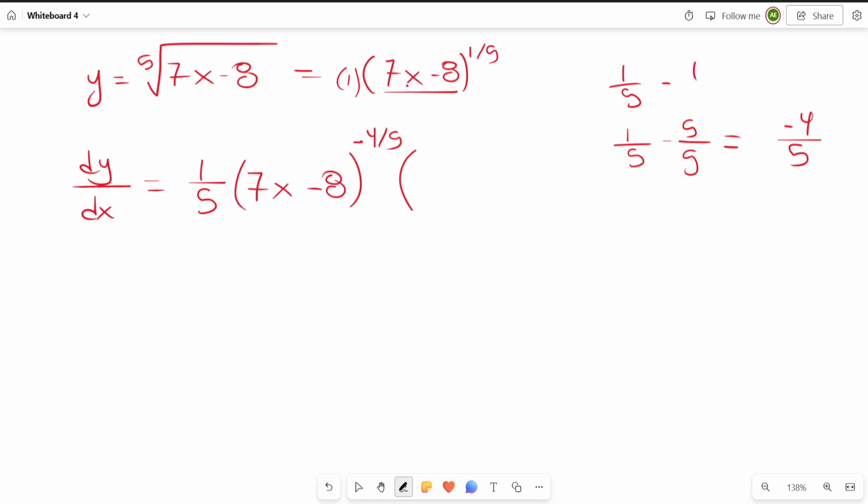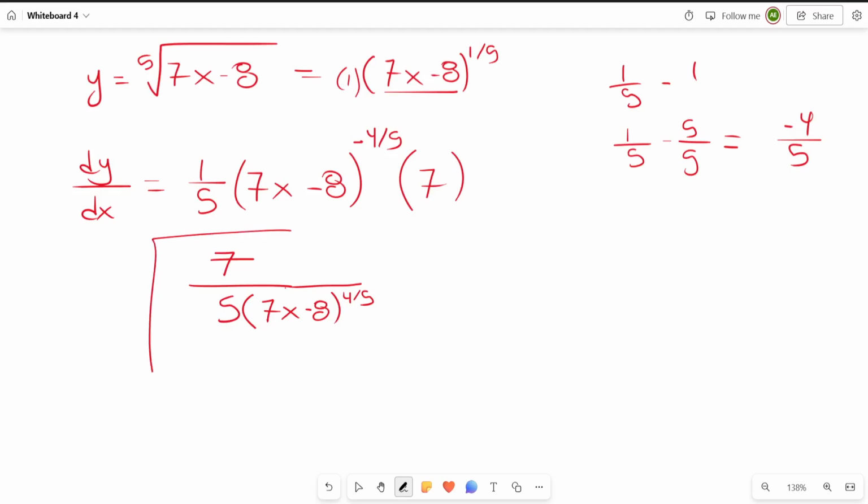The differentiation of 7x minus 8 is basically 7. So I can multiply the 7 over here, so it's going to be 7 over 5. And instead of this negative power, I can put it in the denominator to have a positive power. So it's going to be 7x minus 8 power positive 4 over 5. And this is going to be my answer.